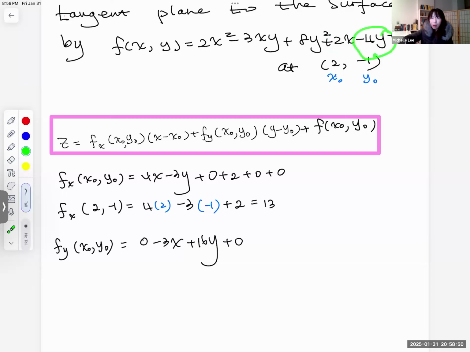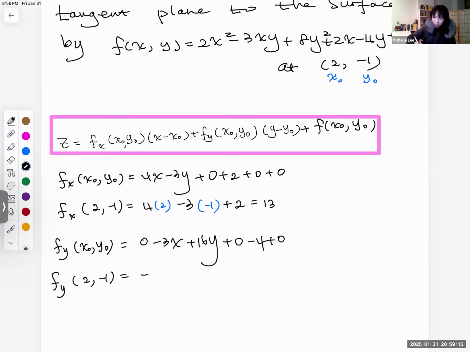And the derivative with respect to y of the next term is negative 4. And the constant term is 0, right? Let's evaluate when x naught, y naught equal 2, negative 1.